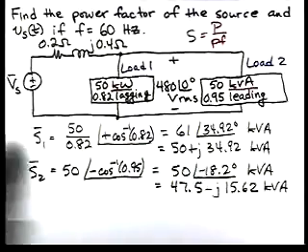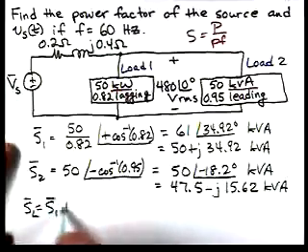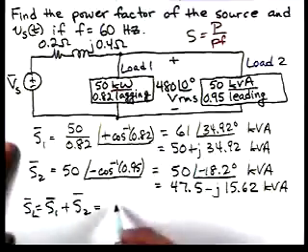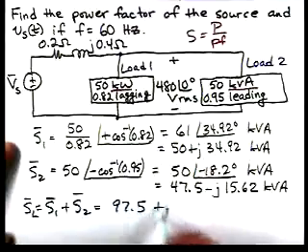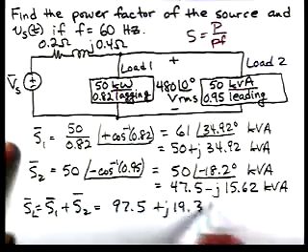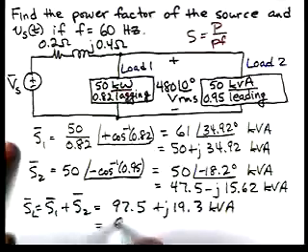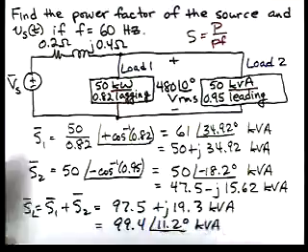So now I'm going to calculate a complex power for the combined loads. I'll just add those together. So that's 97.5 plus j19.3 kVA, and that's 99.4 at an angle of 11.2 degrees kVA.